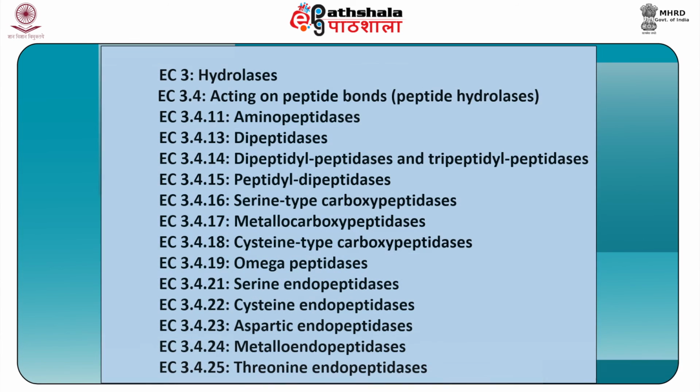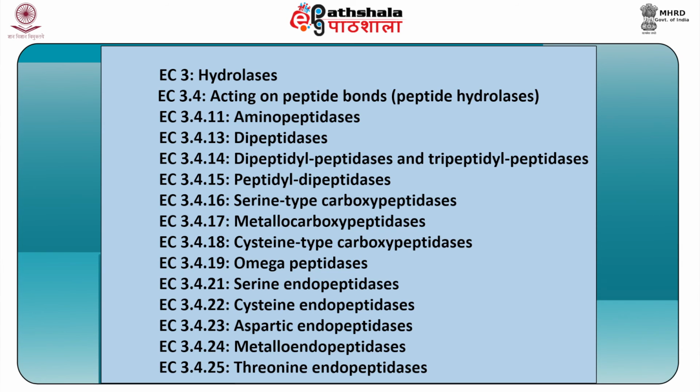Now further on, when we move on to the subclasses, this is the list of subclasses shown here. 3.4, the third digit basically, hydrolases acting on peptide bonds. So this is hydrolases with EC3.